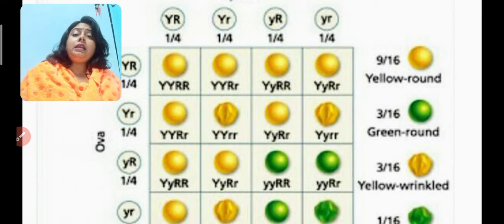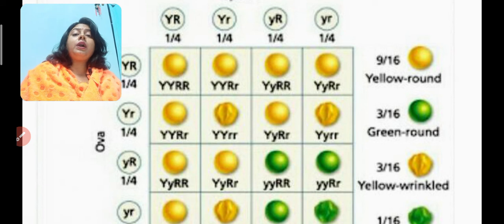So, the allele for the yellow color had no type of interaction with the allele for the round color or roundness of the seed. Similarly, the green color allele of the pea seed had no impact on the wrinkledness of the seed.